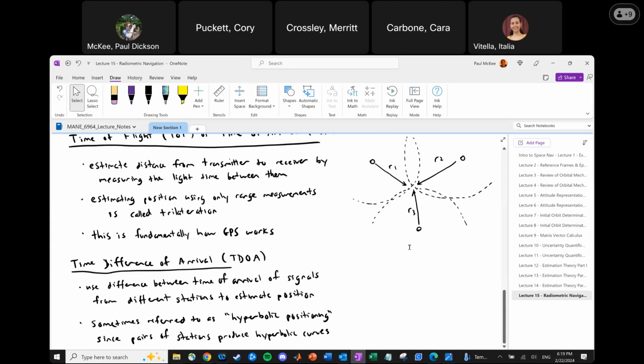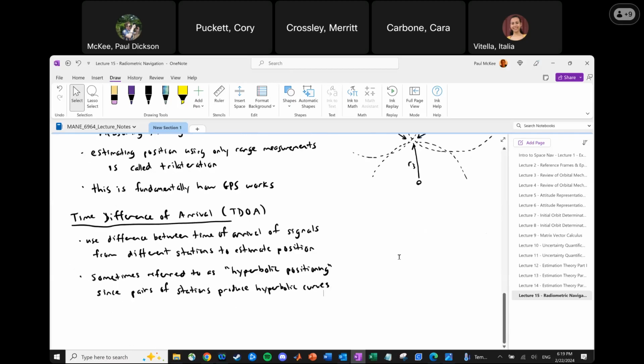If you have two ground stations and you're looking at the time difference of arrival, then instead of intersections of Venn diagrams, you end up with these lines, which are lines of constant position. Let's say you've got a baseline between two ground stations. If you were anywhere on this line right here, you would record a certain measurement, and the same TDOA measurement would be valid for everybody on this dotted line.